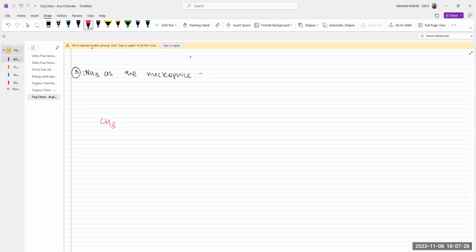Here we have our acyl chloride. Okay, now this is going to react with an NH3. So an NH3 molecule here. This is your addition step. Okay, so this reacts.